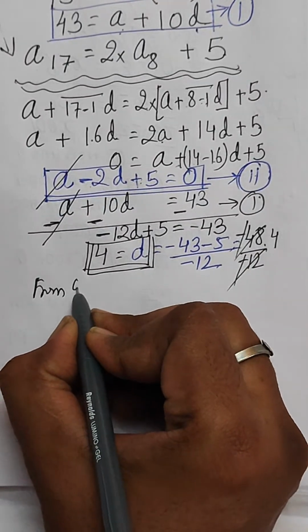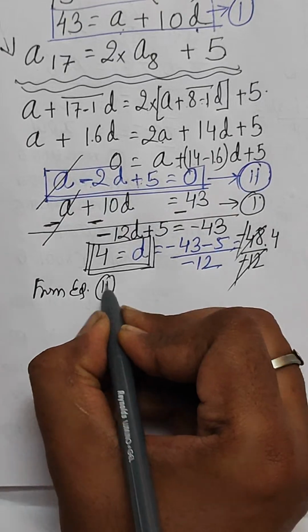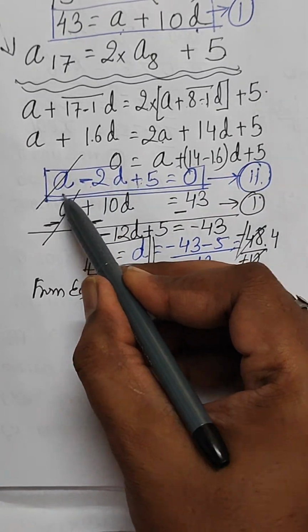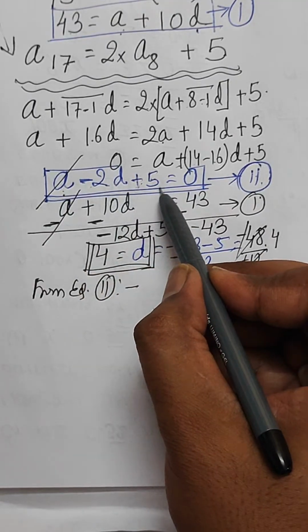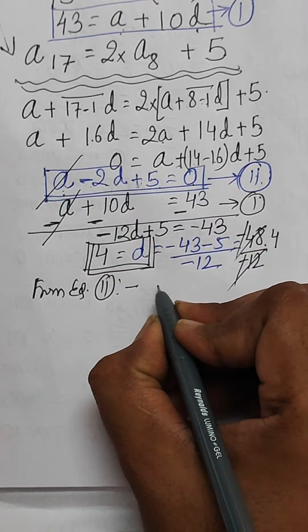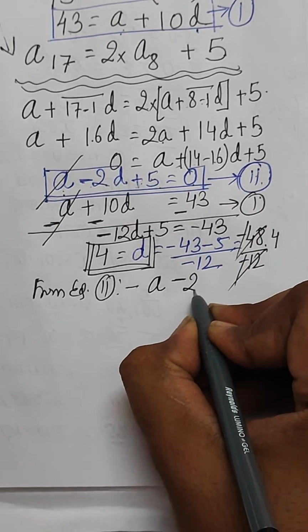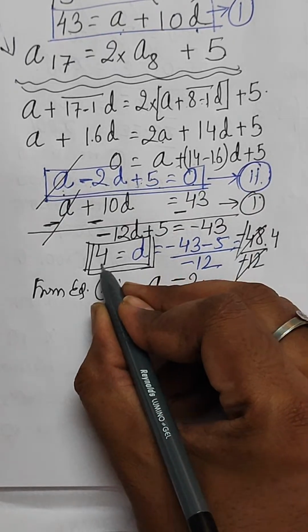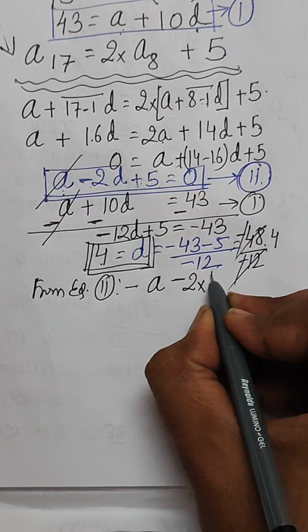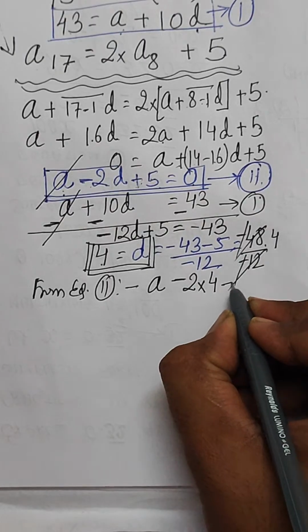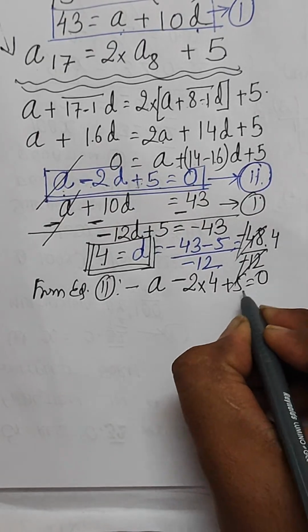From equation number 2, a minus 2d plus 5 equal to 0. So we can write a minus 2d, that is minus 2 times d, which is 4, which we have calculated, minus 2 into 4, plus 5 equal to 0.